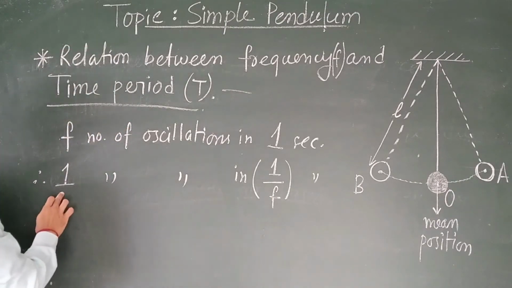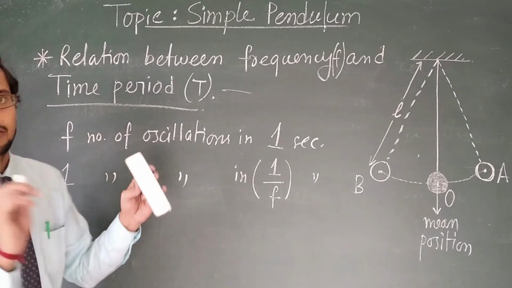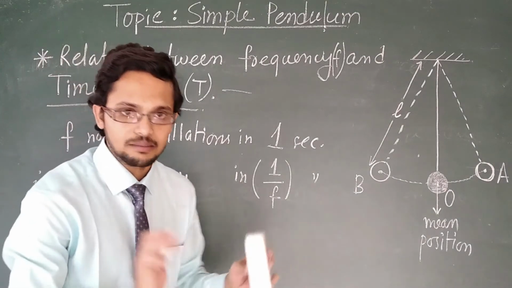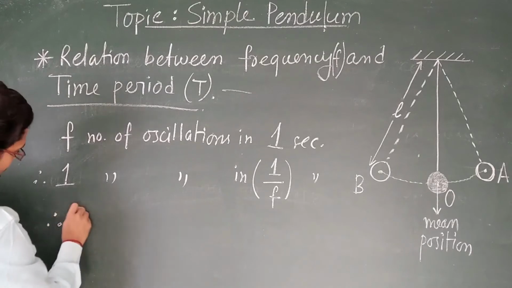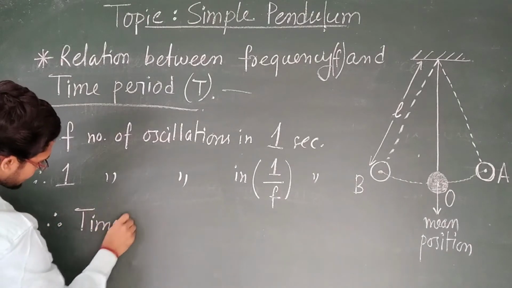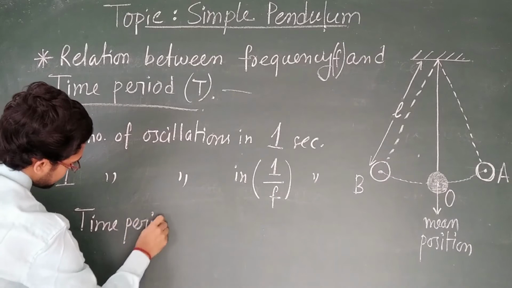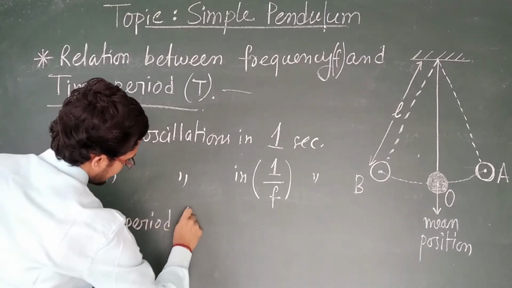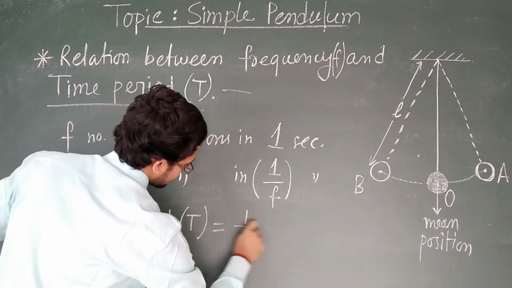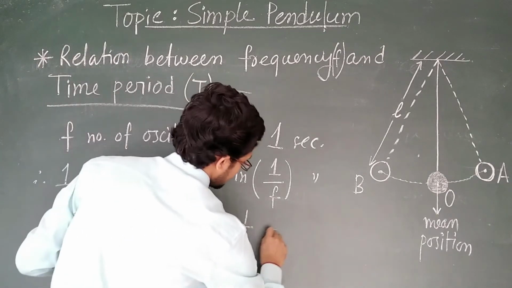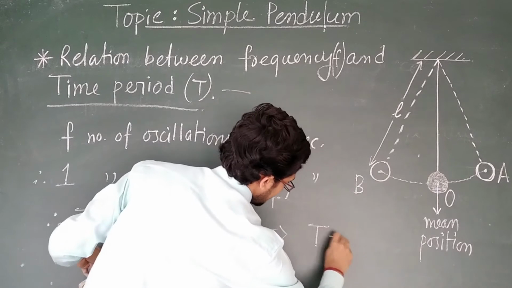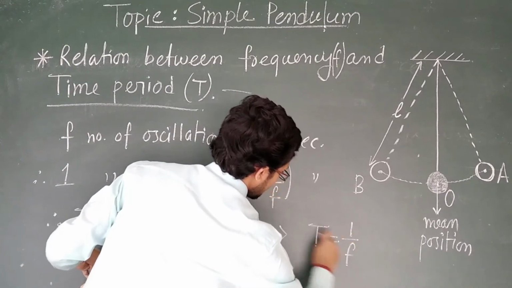The time required to complete one oscillation is known as time period. So this is time period. Therefore, T equal to 1 by f.